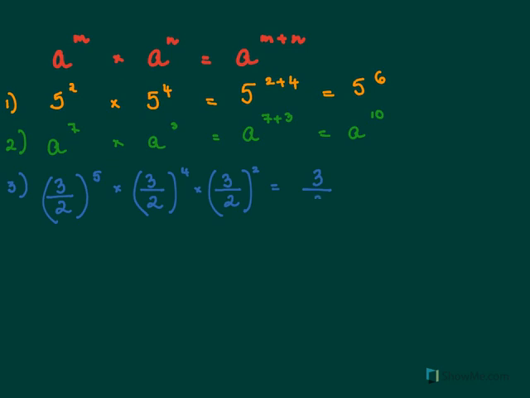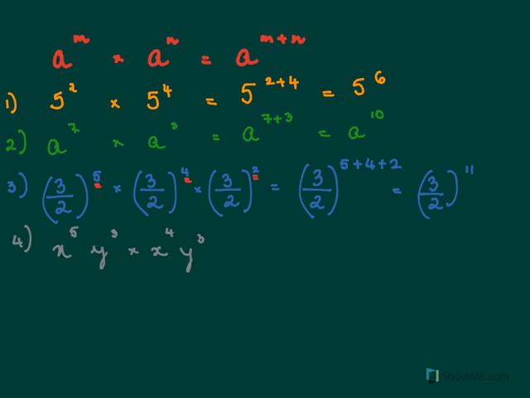So the base is common, 3 over 2, and they are all multiplied, so we add up the powers, 5 plus 4 plus 2. That will be 3 over 2 raised to 11. When the bases are the same, we've got to add up the powers.